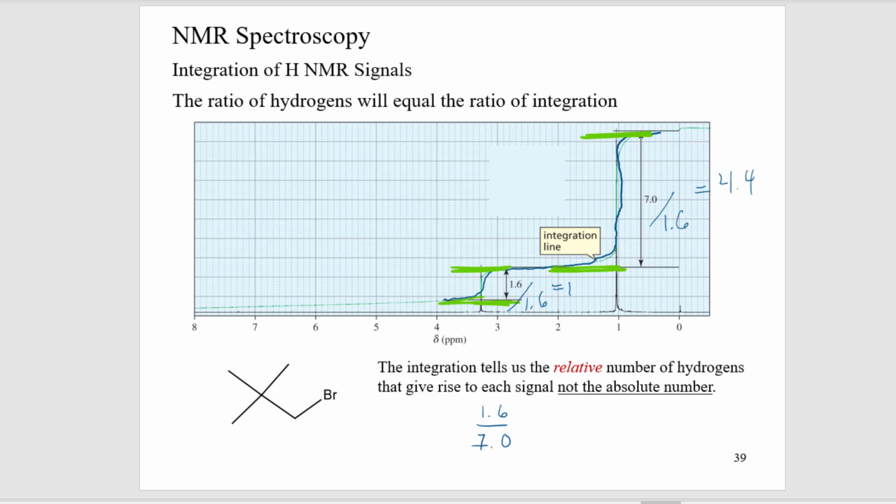Not quite there yet. If I multiply them by 2, I now have 2 here, and multiplying this by 2, I have 9. So 1.6 to 7 is equivalent to a 2 to 9 ratio if I want to get it into whole numbers.